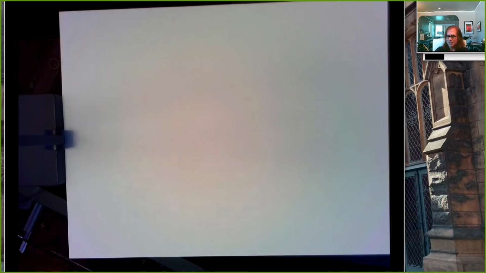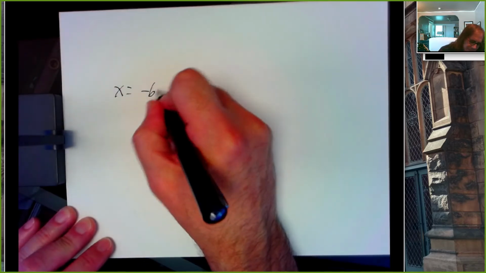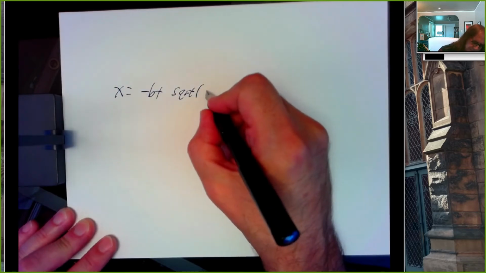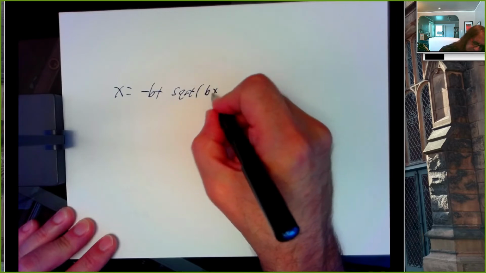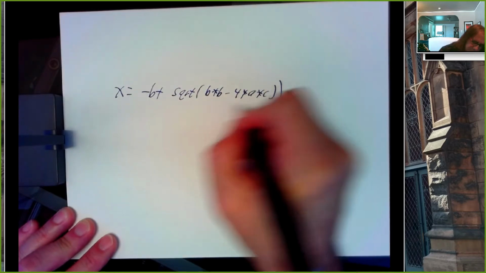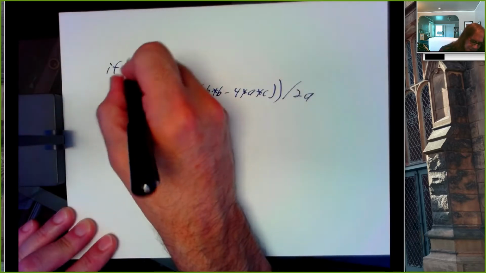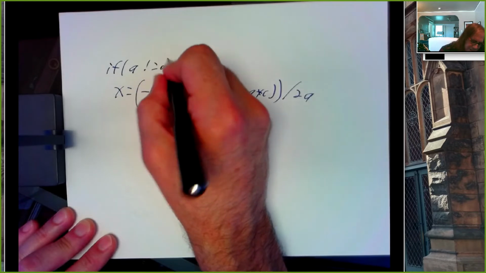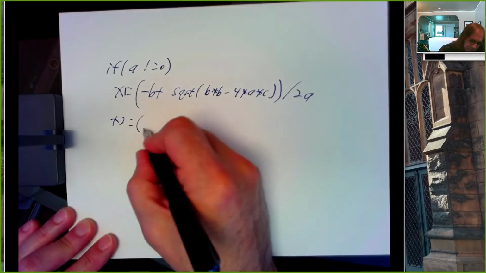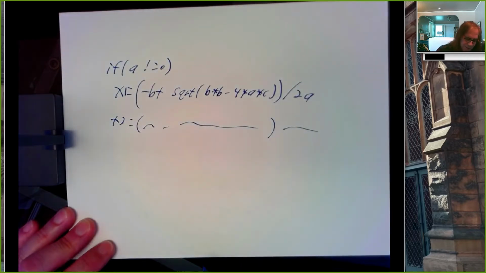Like if you wanted to find the root of an equation, right? We could say something like x equals negative b plus square root of b times b minus 4 times a times c, and we could throw in some extra parentheses. We could divide by 2a, and we could say, if a is not equal to 0, x1 equals this, and x2 equals the whole thing minus the square root.